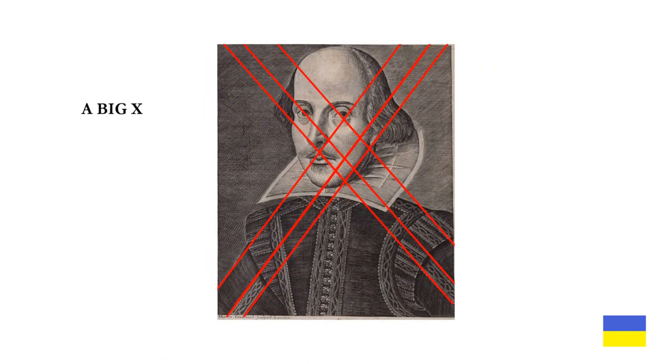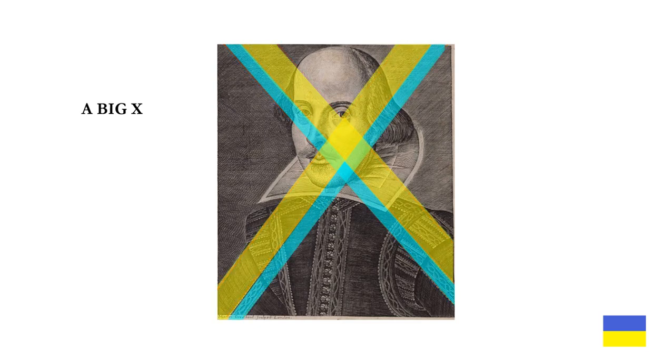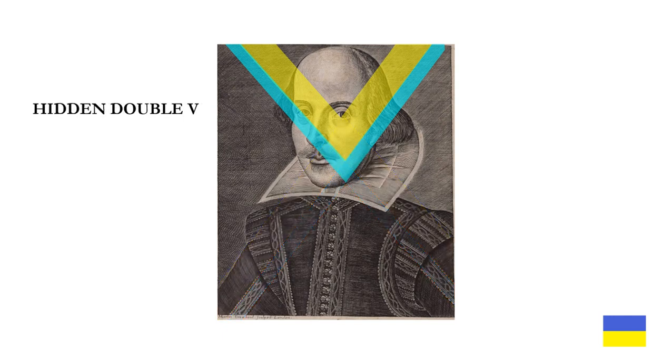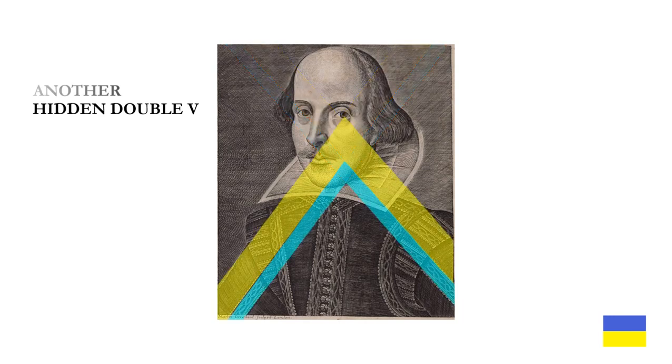When combined with the outer arm side lines, we get a big X. Inside this X is a hidden double V that's upright and another hidden double V upside down.